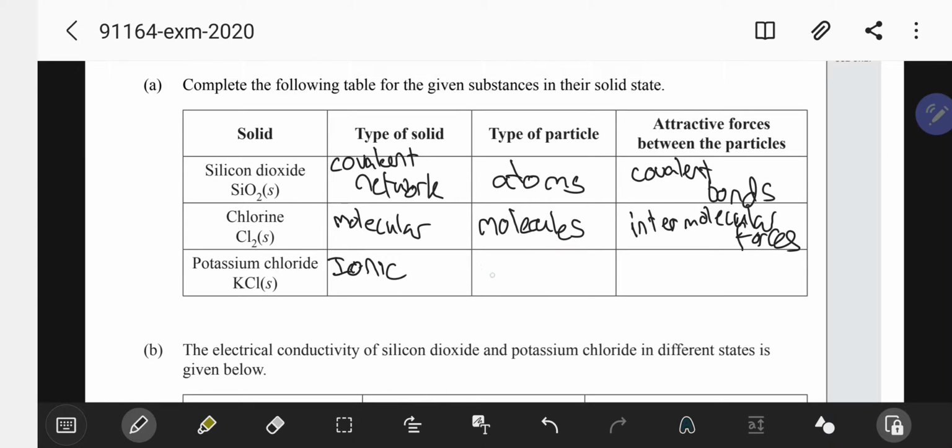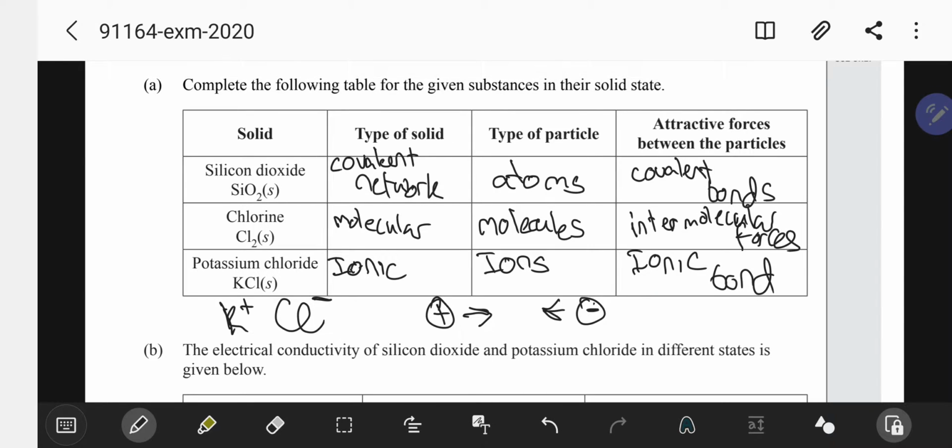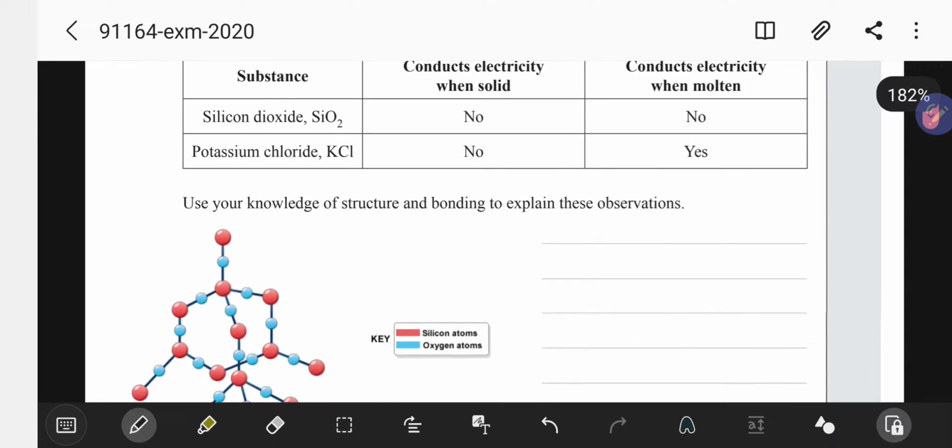And the type of particle, they're just ions, so the positive K plus ions and the Cl minus ions. And then the attractive forces are the electrostatic forces between these opposite charges, so we can just write ionic bond or electrostatic attraction, whatever you want to write.